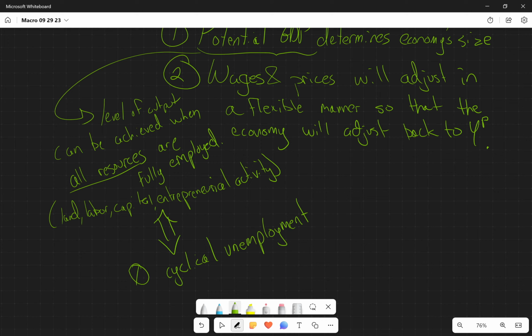So economists use this potential GDP as a benchmark. We compare the real GDP against the potential GDP to determine how well the economy is performing. So the potential GDP is estimated by the nonpartisan Congressional Budget Office.